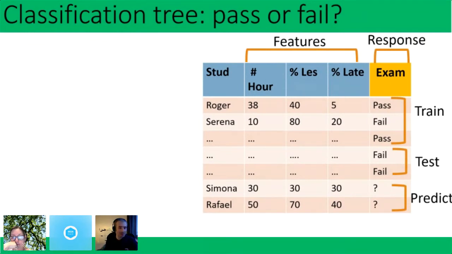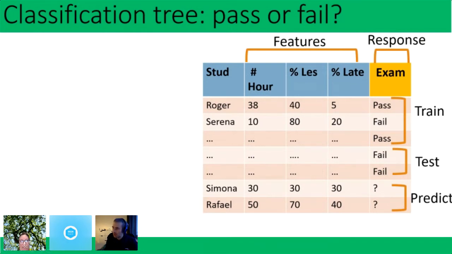This could also have an impact on whether the student will pass or fail the exam at the end of the course. And just to get more comfortable with the machine learning terms, these variables, the hours, the percentage of lessons, the percentage of time that the student was late, are all the ingredients that we will use to make the prediction, meaning whether the student will pass or fail.